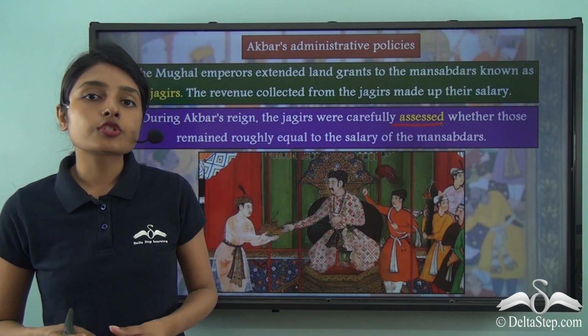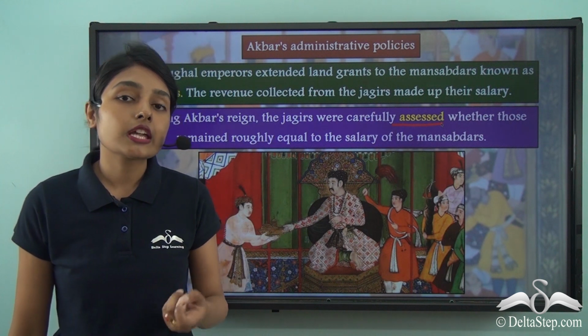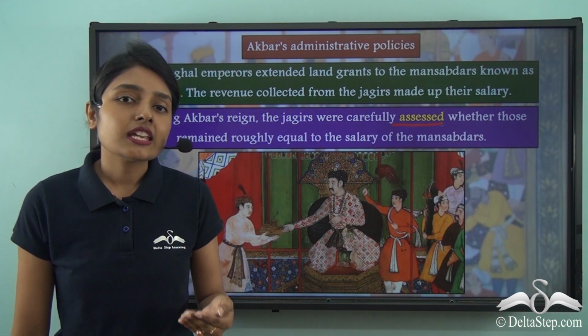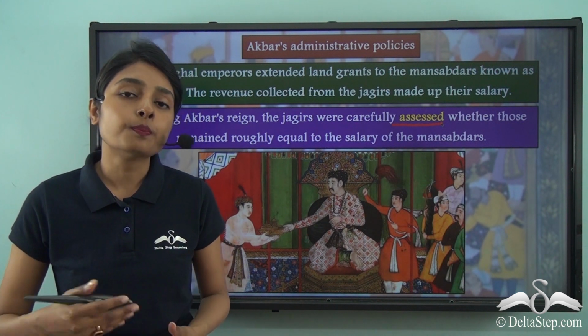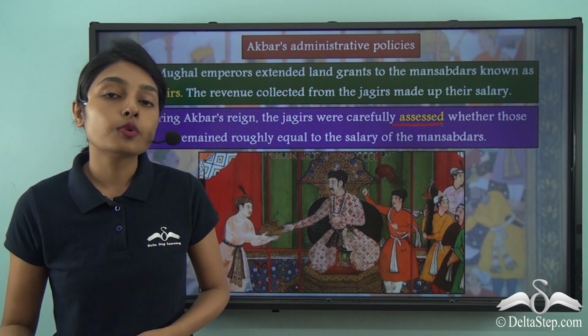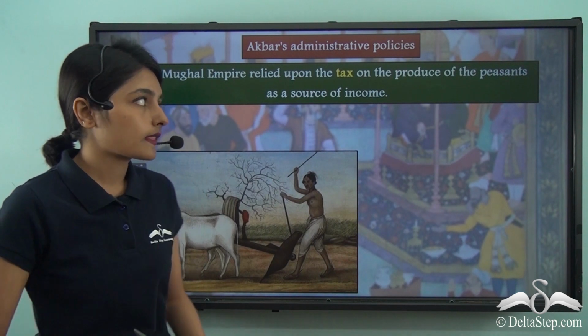And Akbar took special efforts to see whether these Jagirs were equal to the salary of the mansabdars. And if these Jagirs produced more taxes, then the extra amount would go to the Mughal treasury invariably.